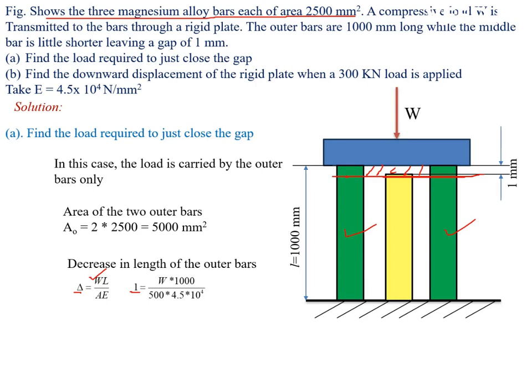L equals the length of the outer bar, that is 1000, and A is the cross-sectional area of the outer bars, that is 5000 mm square. E is the Young's modulus of the magnesium. Only one material is there, the three bars are made of a single material, the magnesium alloy, so the E value is 4.5 into 10 to the power 4. Substituting all these values in this equation, we get W equals 225 kilonewtons.